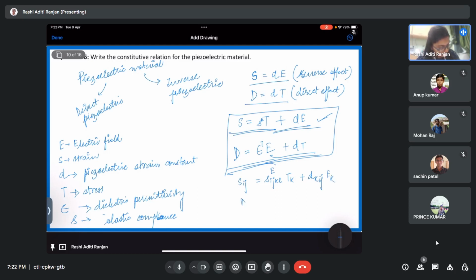Similarly, you can write D_i equals d_ikl T_kl. Here also you are going to have T_kl, and then you are going to have it plus epsilon_ik.